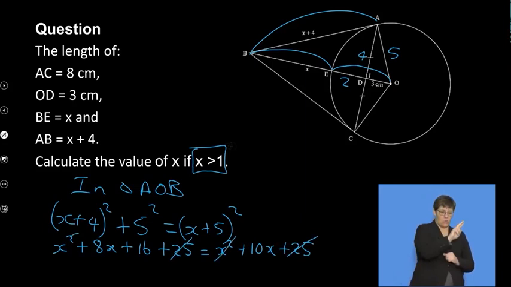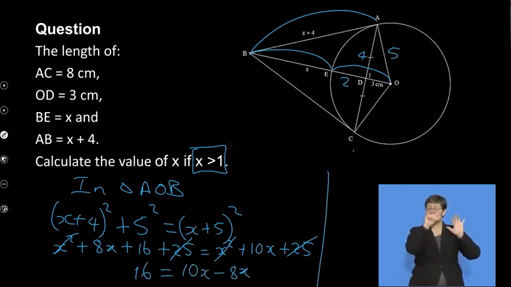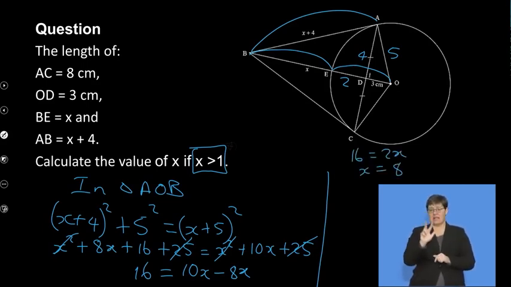The x squared and the x squared will be 0. 8x and 10x will then give me 16 is equal to 10x minus 8x. Therefore, lastly, 16 is equal to 2x, then x will be equal to 8. And it is actually greater than 1.